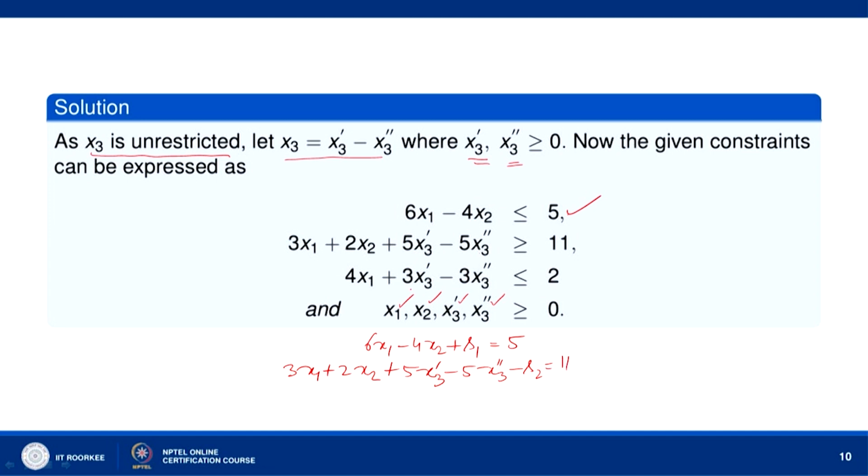Now, here again it is of less than or equal to type. So, 4x1 plus 3x3 dash minus 3x3 double dash, and we add slack variable s3, equal to 2. So, with the help of two slack variables s1, s3, and a surplus variable s2, we are able to convert the given constraints into equations.